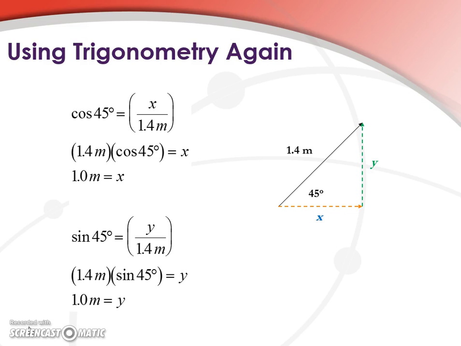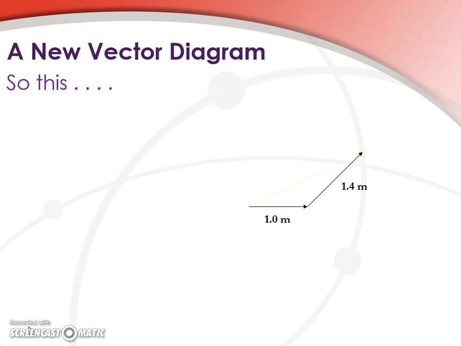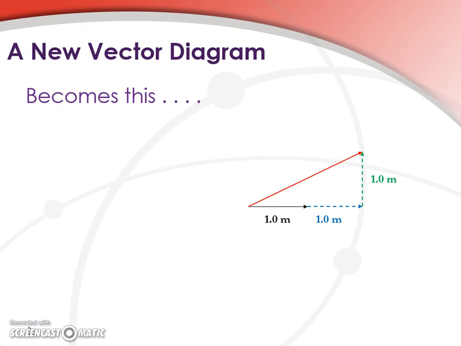So now we have our vector broken into its x and y components. And what we can do from there is turn our original problem into this one, where our first vector remains the same. Our second vector was broken up into 1 meter east and 1 meter north.